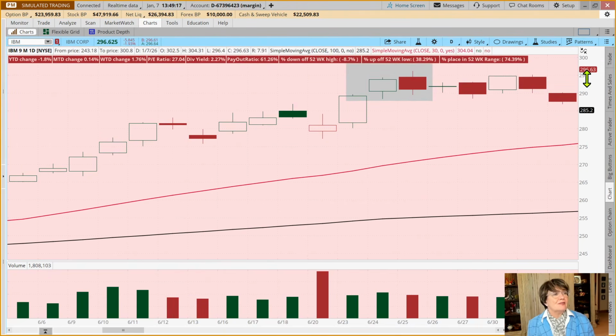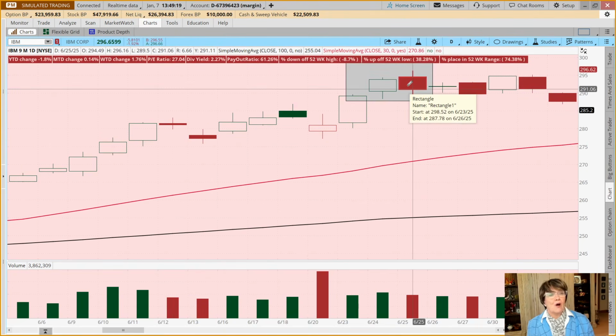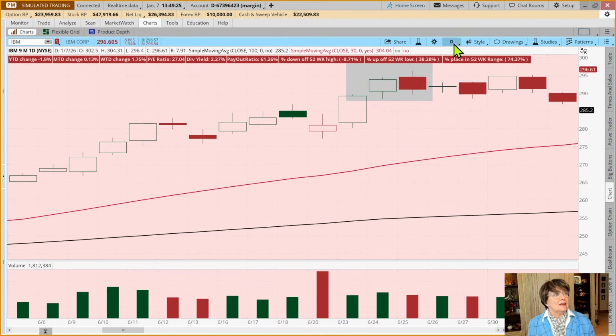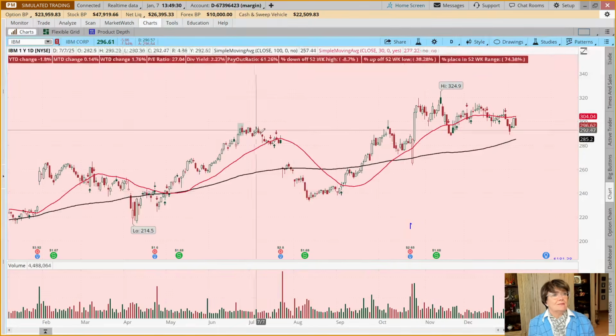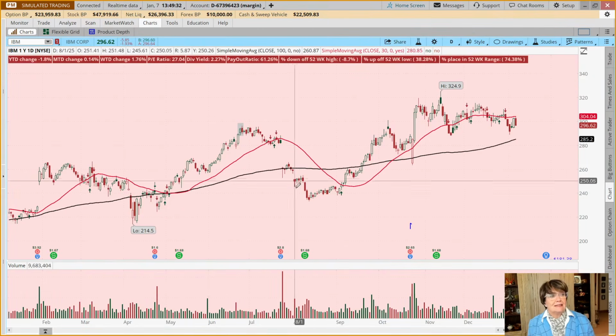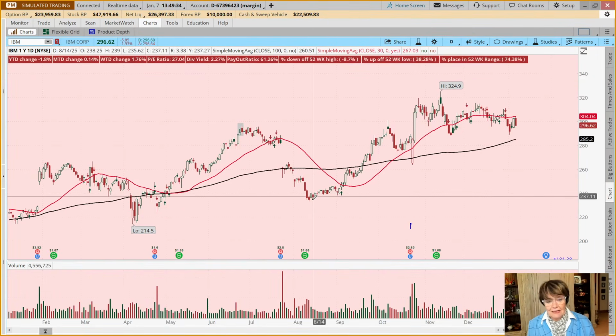So when we look at that pattern, that would qualify as a dark cloud cover pattern. And when we step back and look at this, we can see that in fact, it did lead to a bit of a downtrend, didn't it?